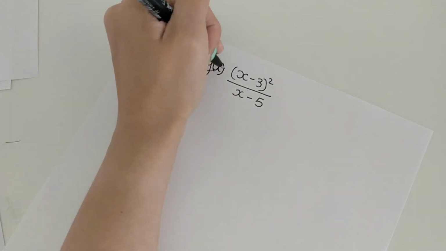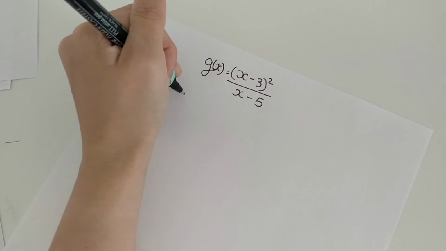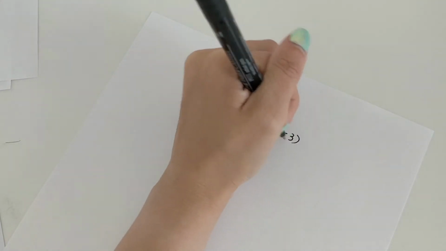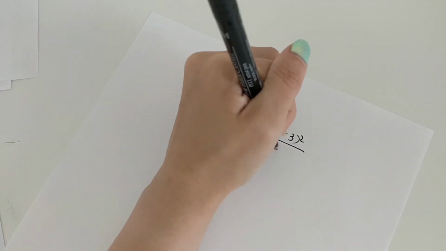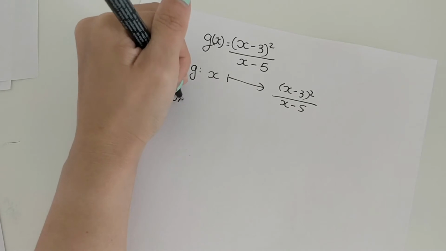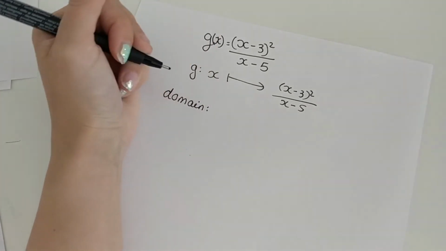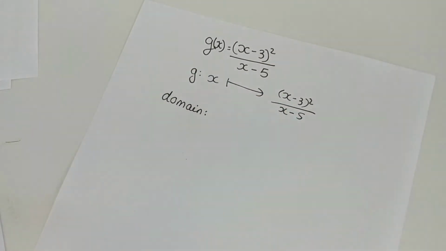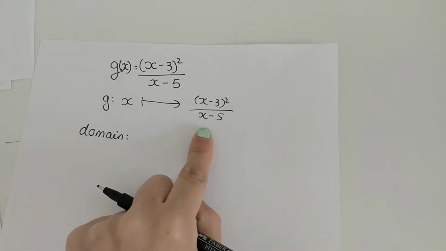G of x equals that. How about that? So g maps x to x minus 3 squared over x minus 5. Right, domain. What should be the domain of this? What's all the possible inputs? Can I put anything into this? What's not allowed to be put into this?